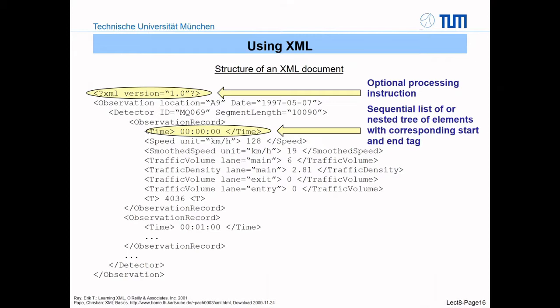You have these tags, you have these markups, you have these start and end tags, you have this additional information, and you also have a possibility with additional information to give special tools or libraries information about which standard you use at the moment, for example, which version of XML you use, and if you also have lists of other tags, so that you have sequences of tags or repeating information with corresponding start and end tags.